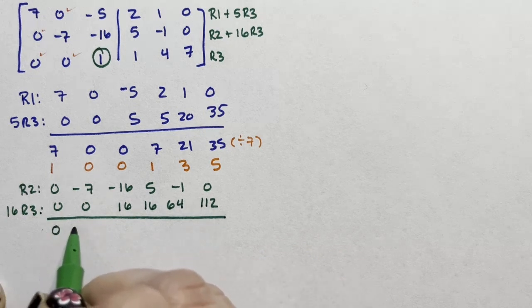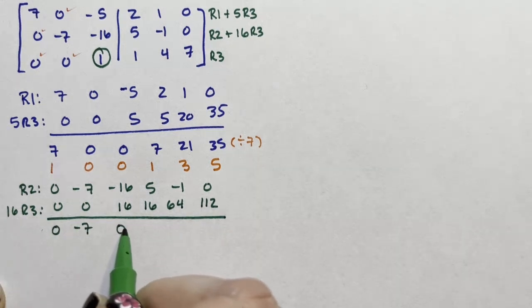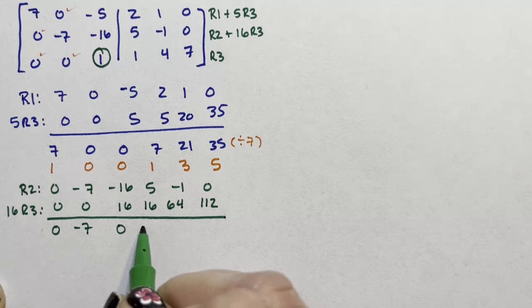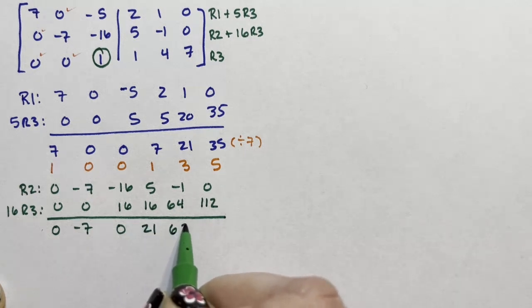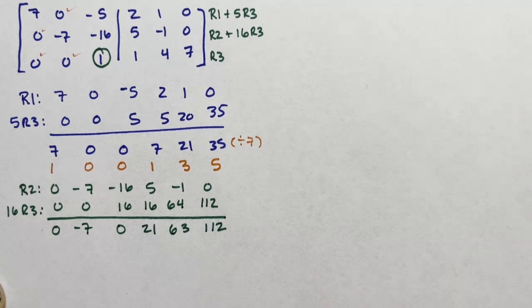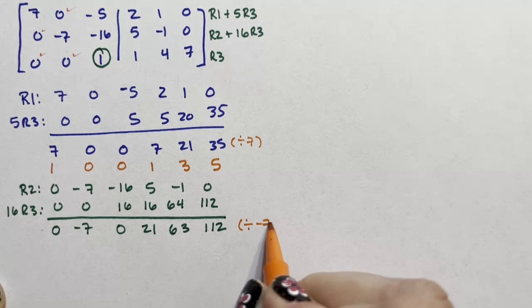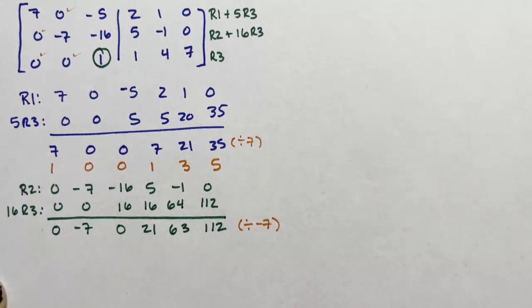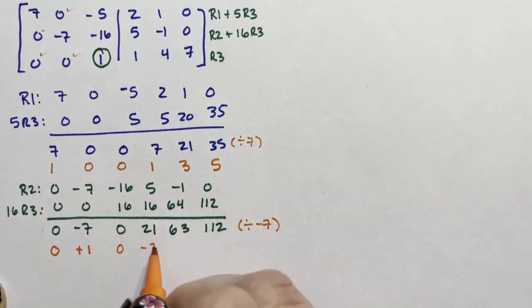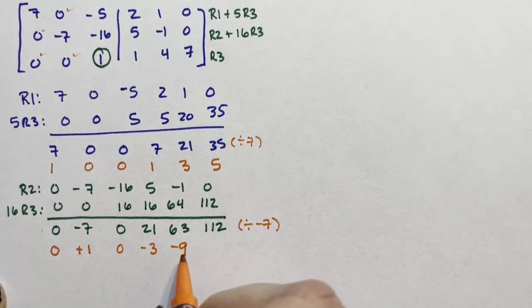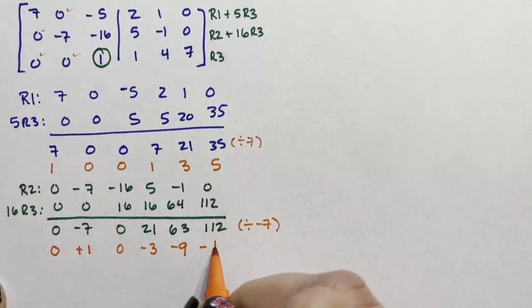So 0, -7, 0, 21, 63, and 112. Once again, because our ultimate goal is 0, 1, 0 for our middle row, we're going to divide by -7 to save ourselves from having to write as many matrices. We are going to get 0, 1, 0, -3, -9, and -16.